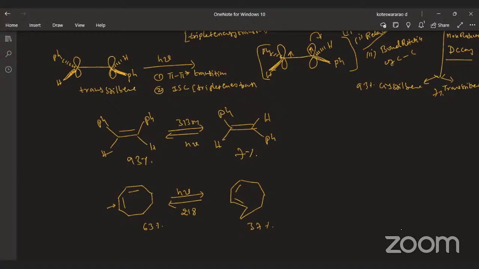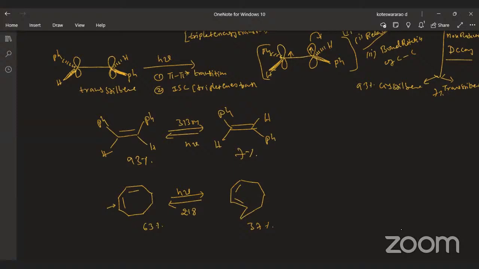Suppose you are using a triplet sensitizer like esters and carbonyl compounds, xanthones, thioxanthones, or benzene or toluene kind of sensitizers in that sensitized isomerization, the energy of the triplet state of the sensitizer will be in between the two isomers.